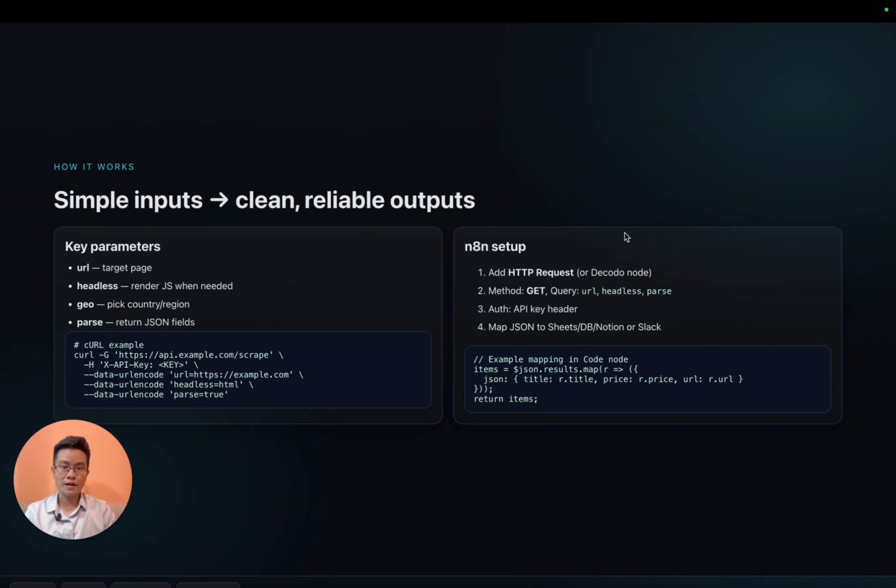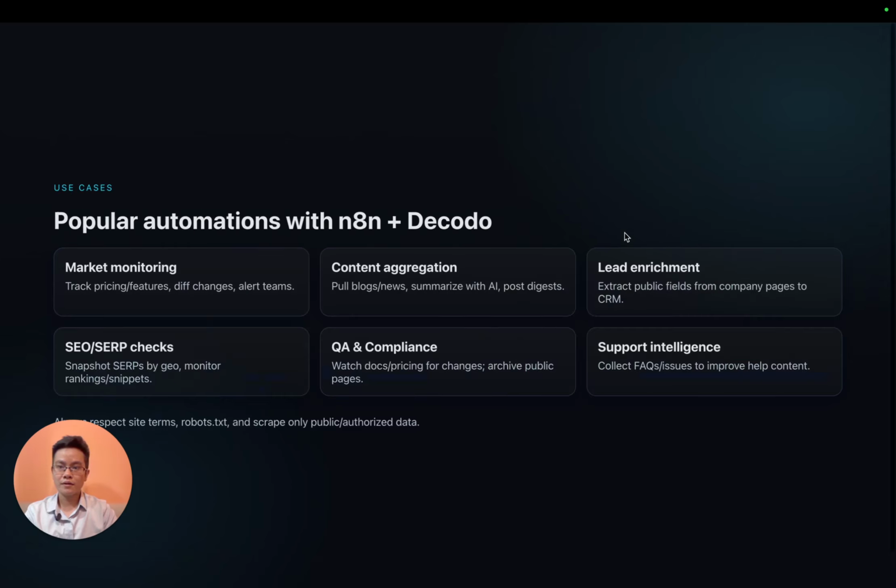Using the GET method, enter some data with the query, and we are good to go. Decodo takes care of the rest: the IP, the retries, the CAPTCHA, everything. So we only need to call the API, get the data we need from the public website, and then use it in the next node, for example feeding it to the AI agent, or processing it in a code node, something like that.